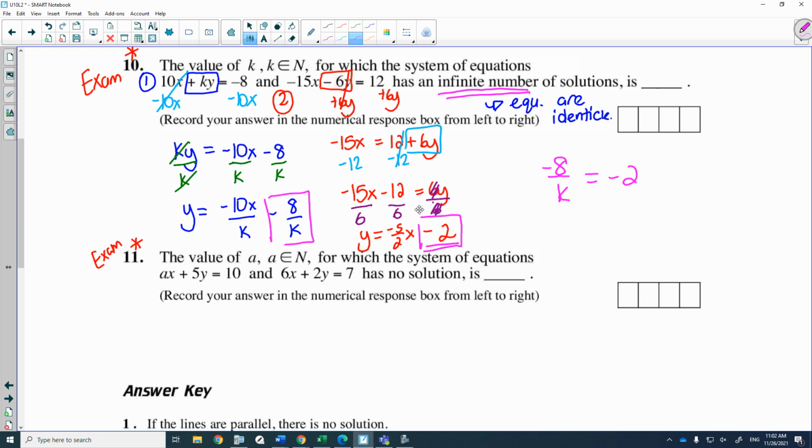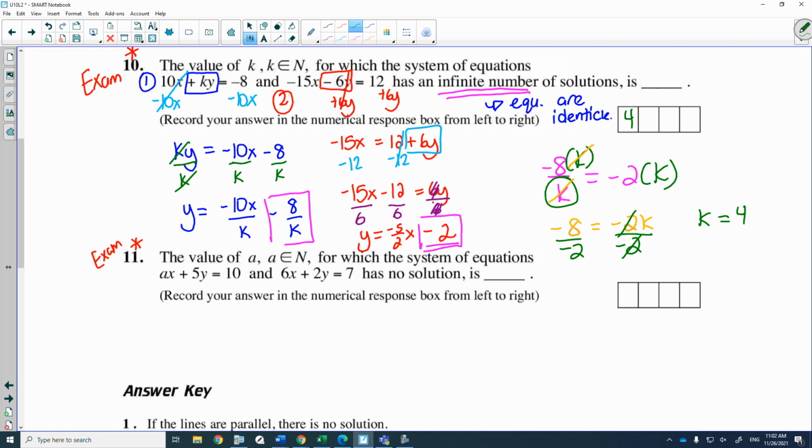You want to get k by itself. If something is being divided by k, you could multiply both sides by k, and then k over k would cancel, and you would have negative 8 is equal to negative 2k. Now we got to isolate k by dividing this side by negative 2 and this side by negative 2. And now I've got k isolated, and k is equal to 4.